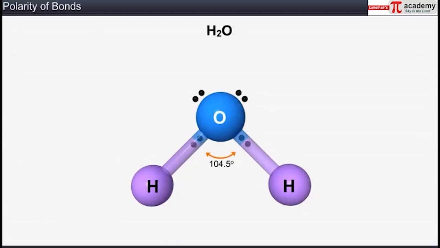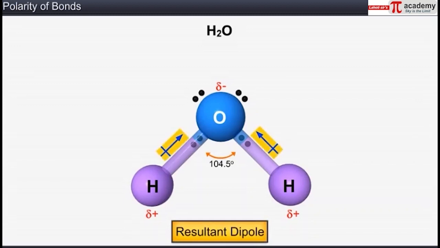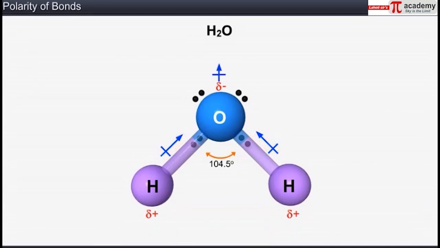So, the oxygen atom gets a partial negative charge, while hydrogen gets a partial positive charge. The bond dipole lies towards the oxygen atom. The net dipole moment is the resultant of the two bond dipoles of the oxygen-hydrogen bonds. The net dipole moment, mu, in water is 1.85 D.